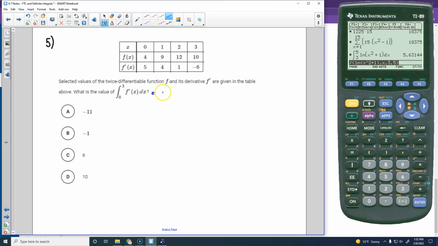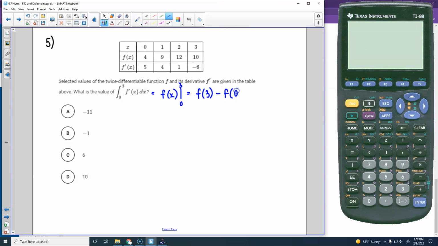So I'm going to write this step just because we're going to do this later. So when we integrate f prime, we get f from 0 to 3, which is a step you don't have to write. And so to evaluate that, you would do f of 3 minus f of 0.